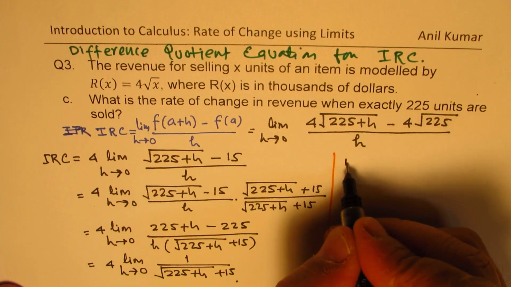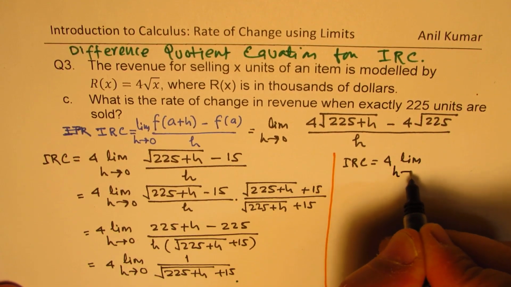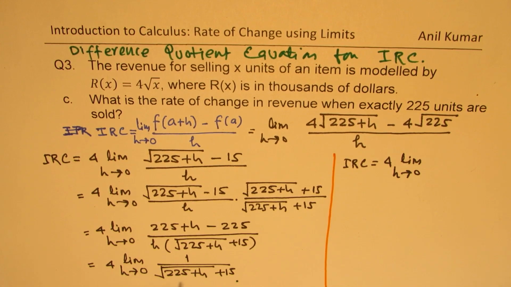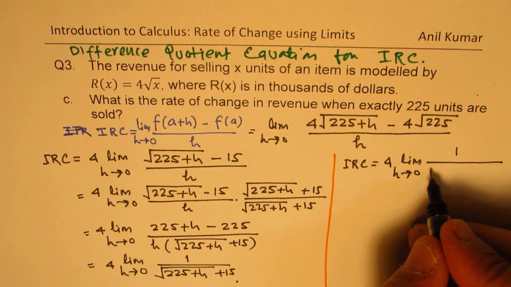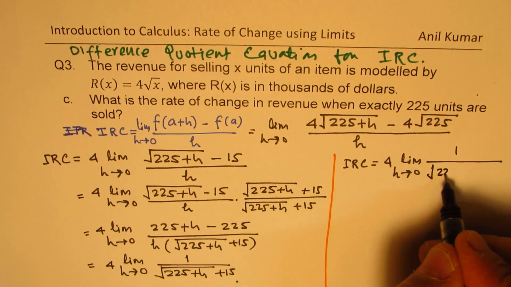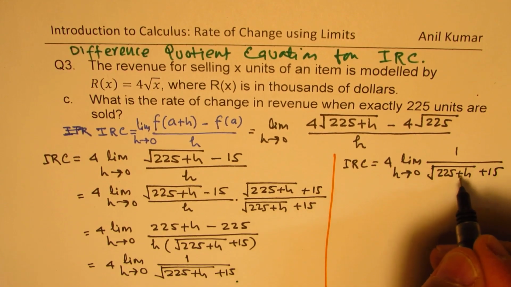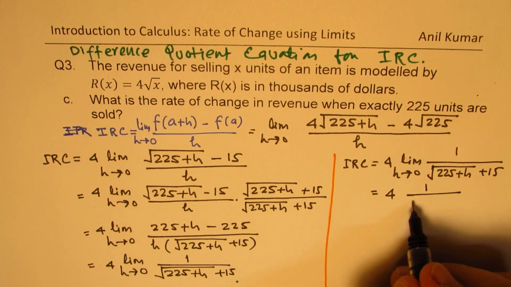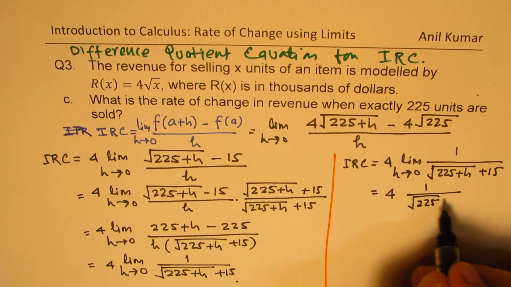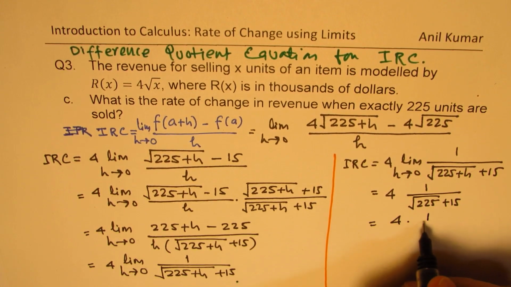Now substituting h, we get our instantaneous rate of change. So we get the instantaneous rate of change as equal to 4 times limit h approaches 0 of this particular expression, 1 over square root of 225 plus h plus 15. When I substitute h as 0, I get 4 times 1 over square root of 225 plus 15, which is equal to 4 times 1 over 15 plus 15, correct?